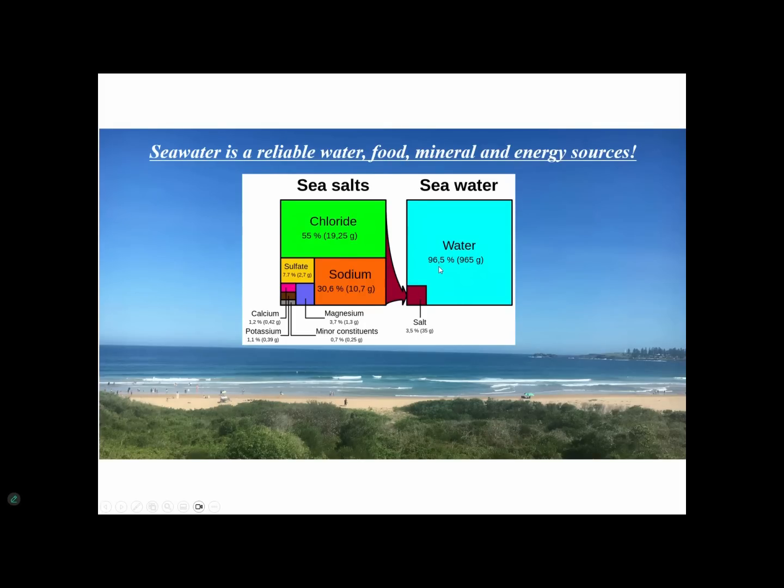You can see 96.5% is water, and the remaining 3.5% is salt, of which chloride is around 55%. This means 35 grams per liter of sea salt is contained, with chloride at 55%, and sodium, and we have magnesium and calcium, potassium, sulfate, and also a lot of minor constituents such as lithium, rubidium, strontium.